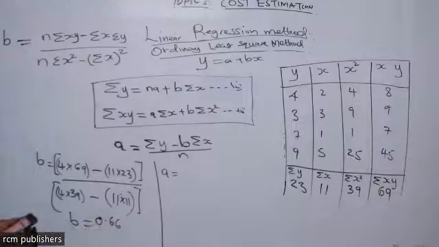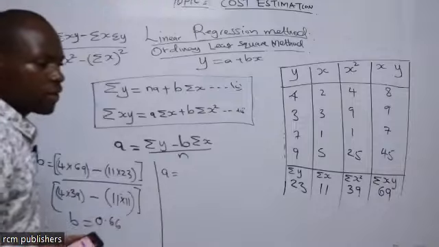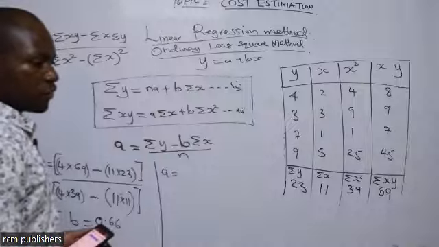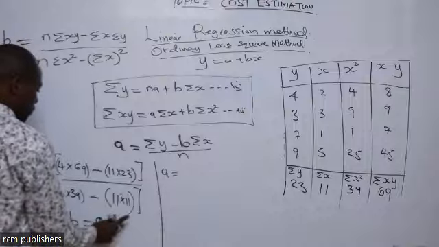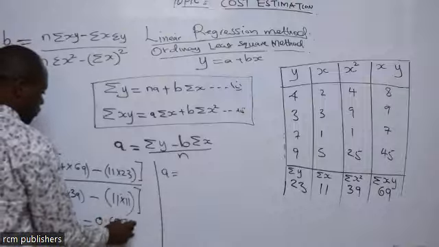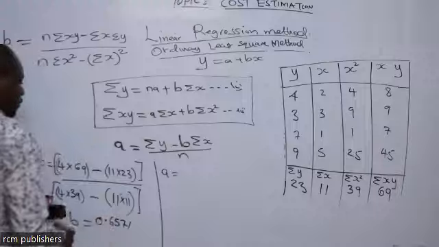The second person can confirm that 0.6. Give me to 4 decimal places, 0.6571. For this one, use at least 4 decimal places.